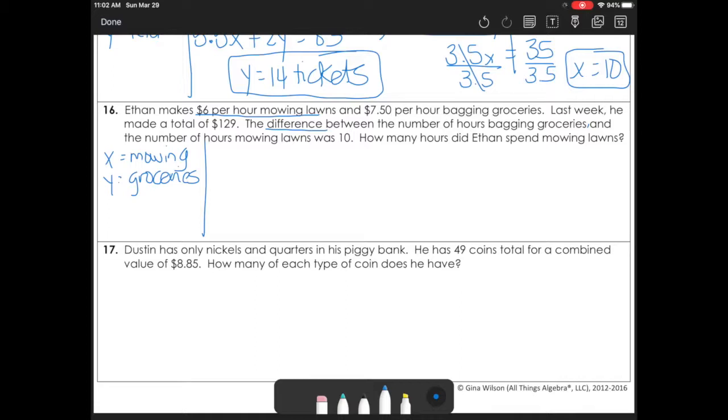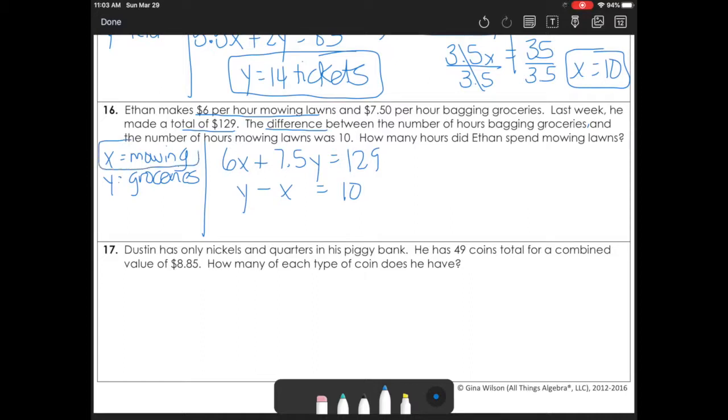Last week he made a total of $129, so he did the two things together. $6 per hour mowing lawns plus $7.50 per hour bagging groceries got him $129. The difference between the number of hours bagging groceries and the number of hours mowing lawns was 10. How many hours did he spend mowing lawns?